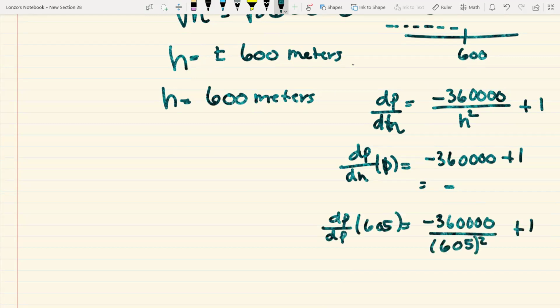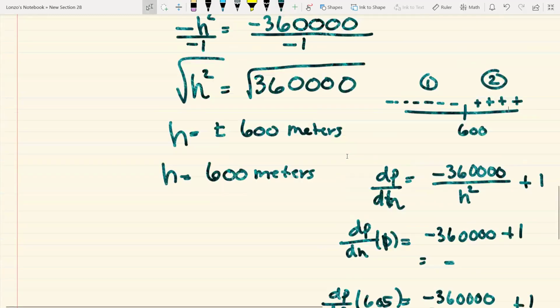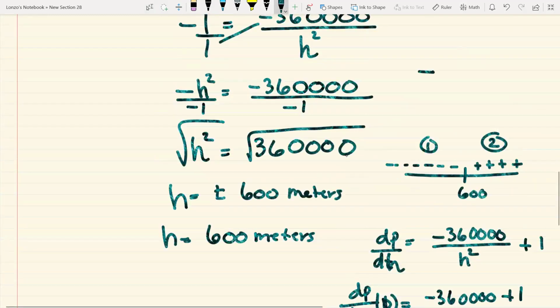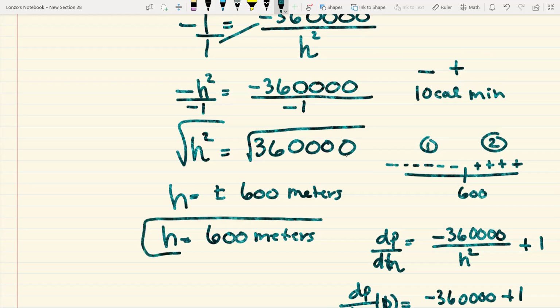When you put it all in the calculator, you do get a positive value. So you're going to put a plus here. According to curve sketching, if you have a minus and a plus, you'll have what's called a local min. Okay, so this proves that our 600 meters will give us a minimum value.